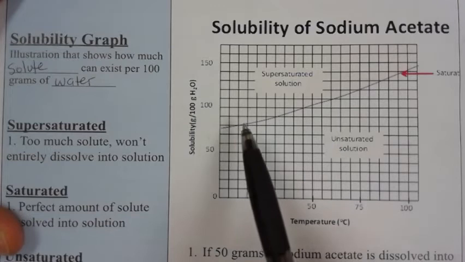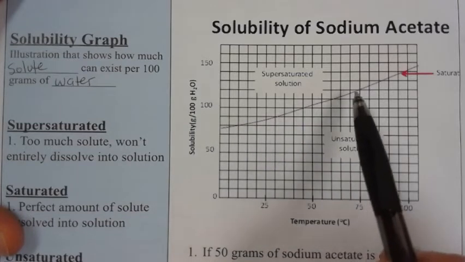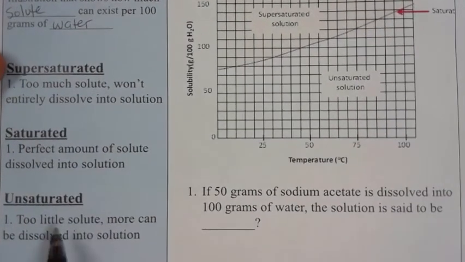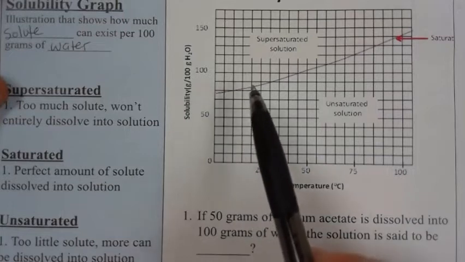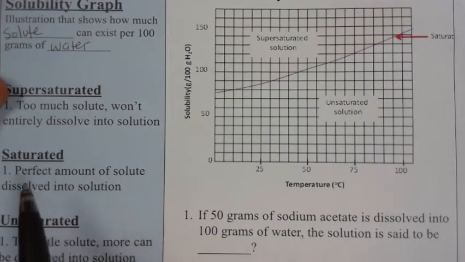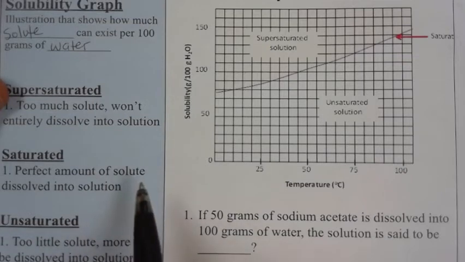If the amount that we add is under this line, then we say that it's unsaturated, which means we have too little solute and more can be dissolved. If we're exactly on this line, then we've reached that perfect ratio, the perfect amount of solute dissolved into solution.